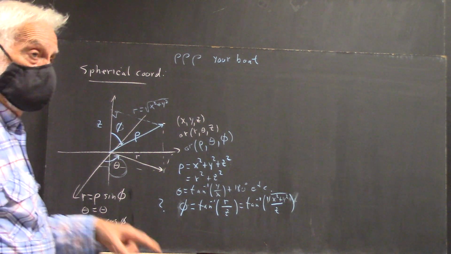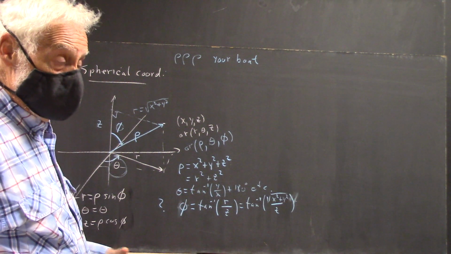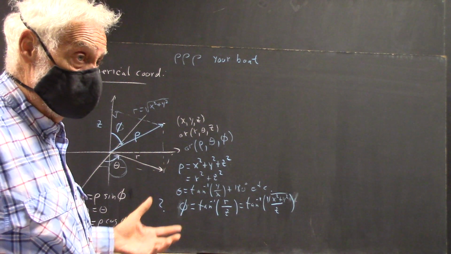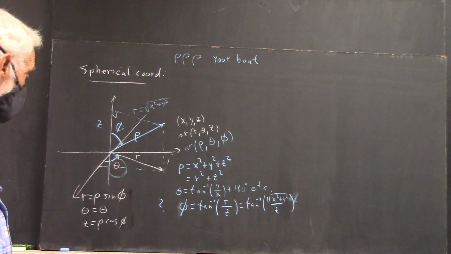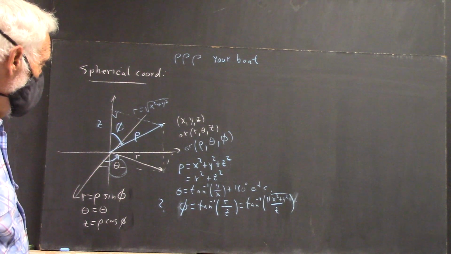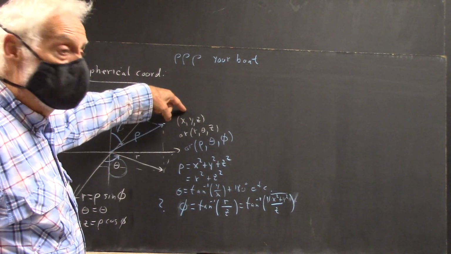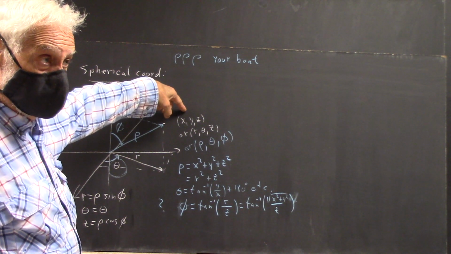And cylindrical, as you saw, shares one coordinate, z, with rectangular. You notice that spherical doesn't share any coordinates with rectangular, right?